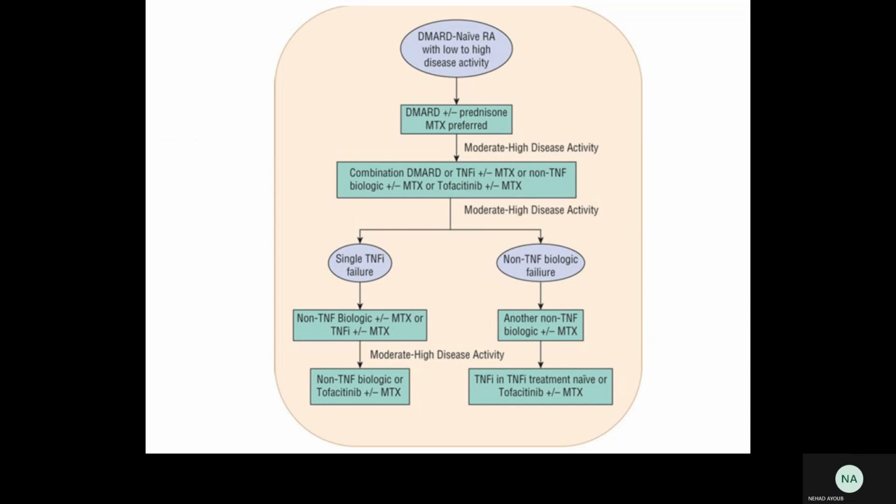Now, if we start with a DMARD-naive RA patient with mild disease, mild disease means the patient does not have any of the signs of highly reactive disease like extra-articular signs. The patient is rheumatoid factor negative, not too many joints involved, symptoms are not very bad.